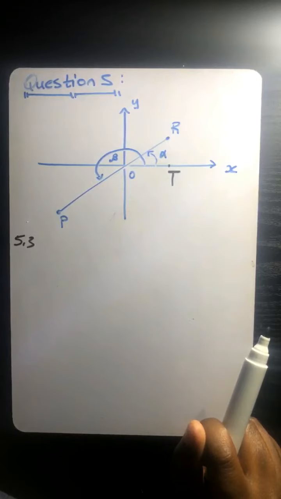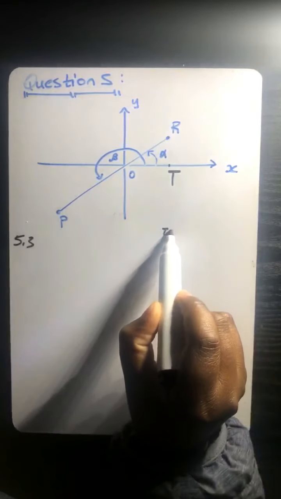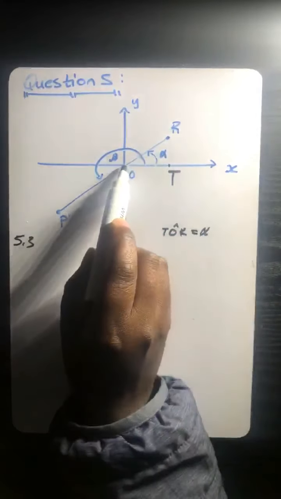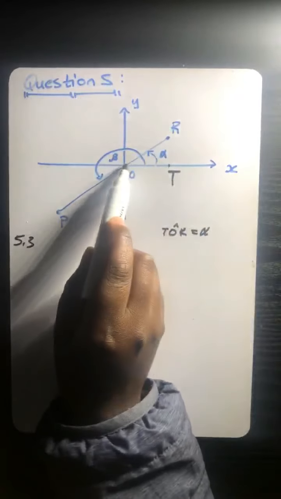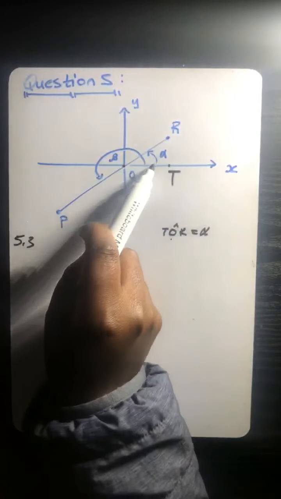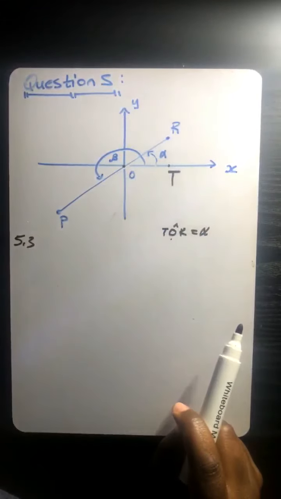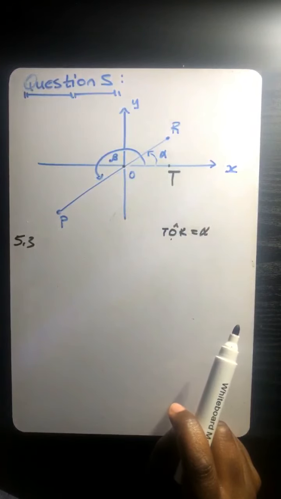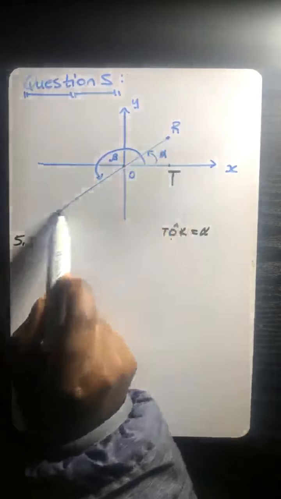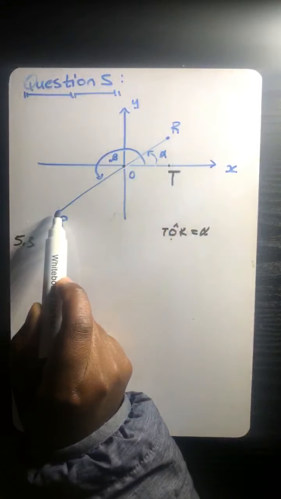Such that angle TOR is equal to alpha. So in triangle TOR, we have angle O being alpha. RO is extended to P, such that OP is equal to 2 times RO.